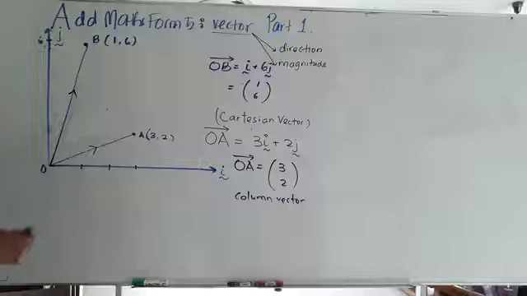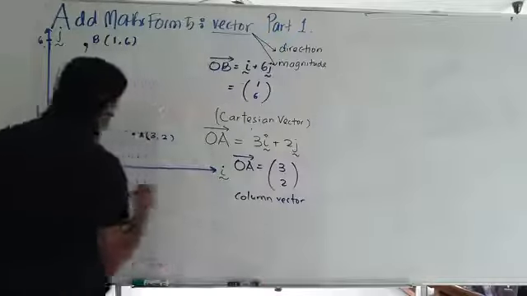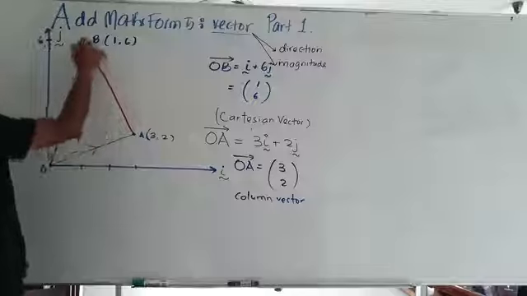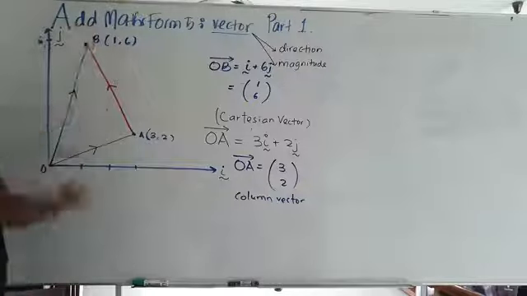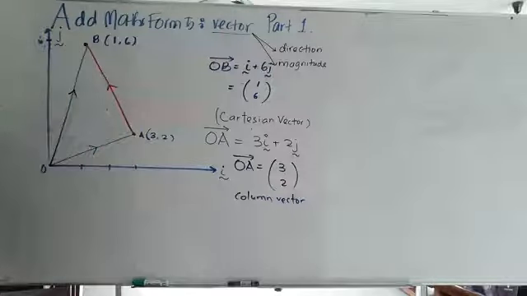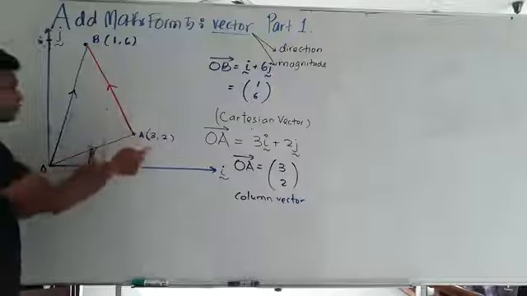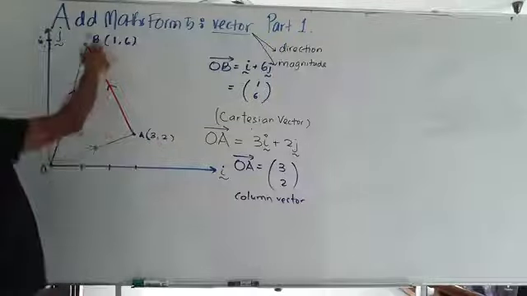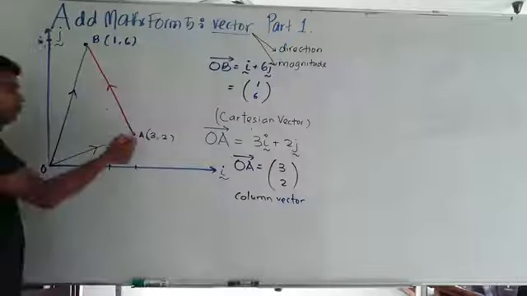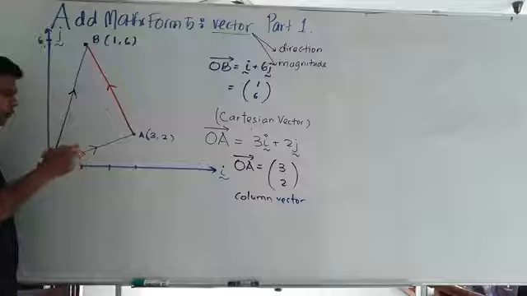However, if it is something like this, for example, I want a vector direction from A to B. I want A moving towards B. What's the vector? A moving towards B doesn't start from O, so I can't use this coordinate directly, and I can't use this coordinate directly. So how do I do that?